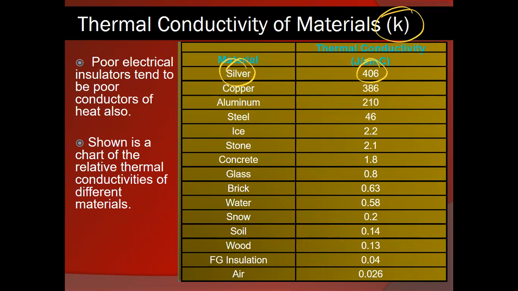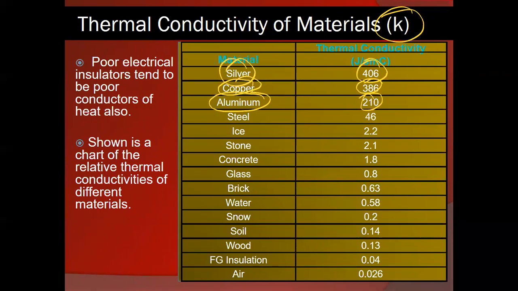Copper is good. Copper and silver both conduct electricity very well. They both conduct heat very well just because of those electrons. Aluminum is almost as good. So all of these you probably don't want to use in terms of making cooking utensils.